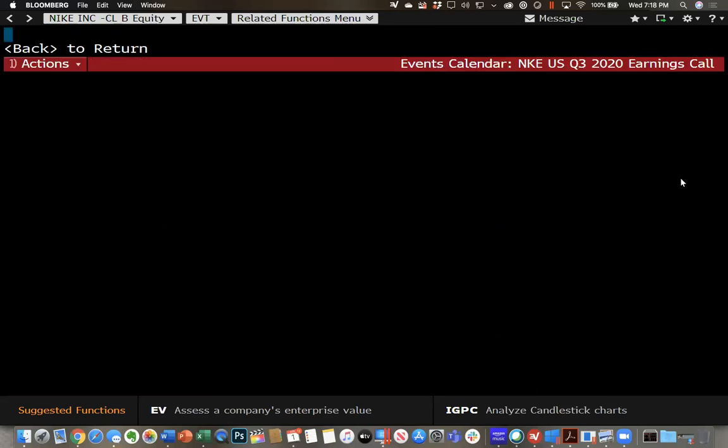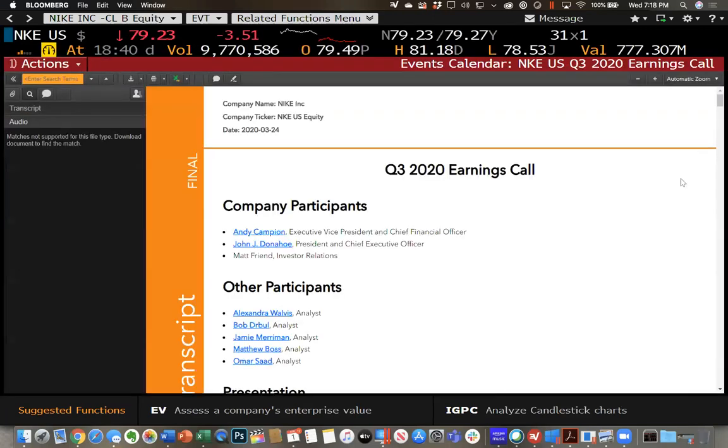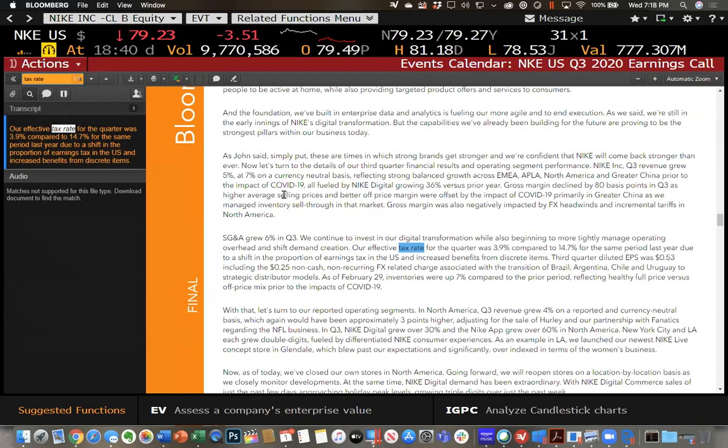We would have opened the transcript, which is a PDF file, which I would save for you, and searched for tax rate. They said, well, our effective tax rate the quarter was only 4% versus 14.7. That was the only mention of tax rate, so they didn't really talk too much, except they said there was a one-off there.